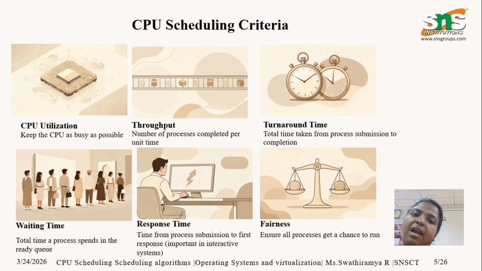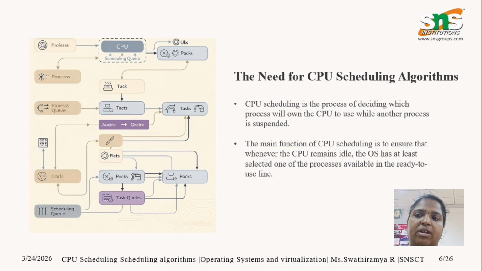All these criteria have to be taken into account when we pick our CPU scheduling methods. These are the basic criteria we need to consider. What is the need for a CPU scheduling algorithm?